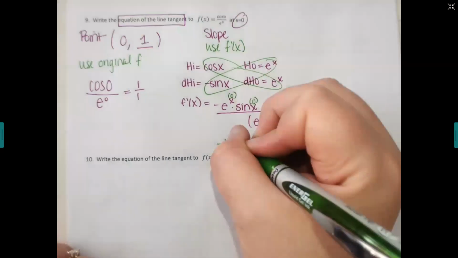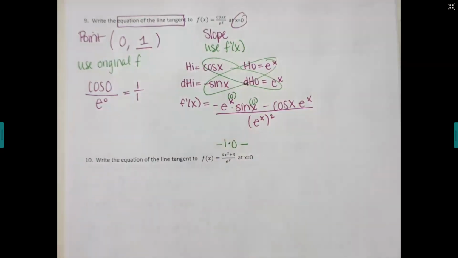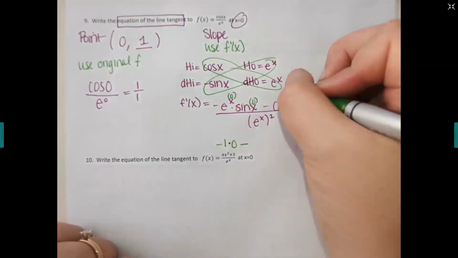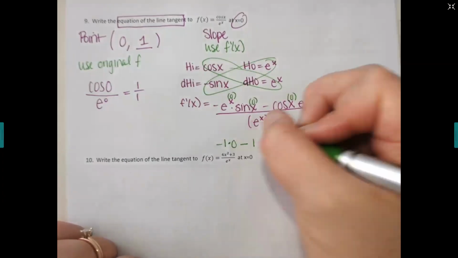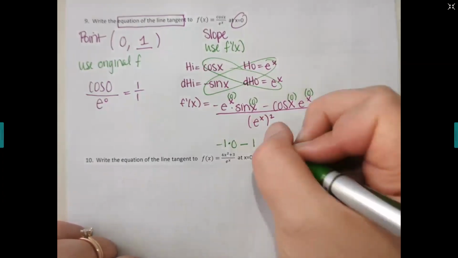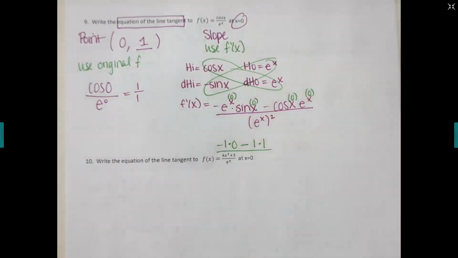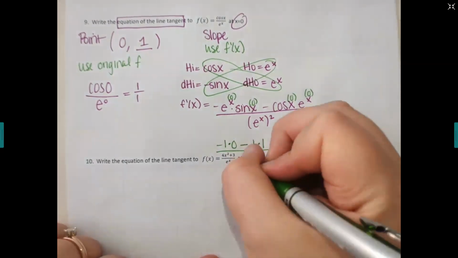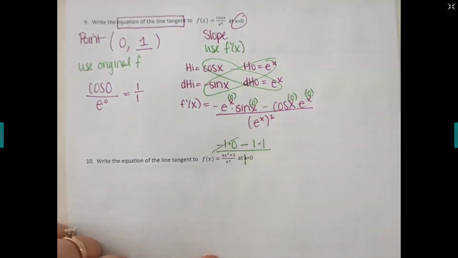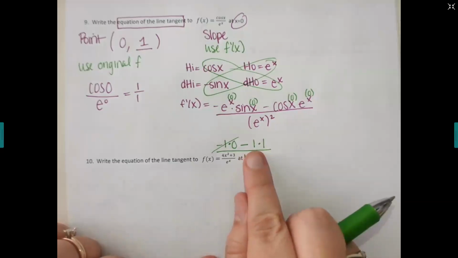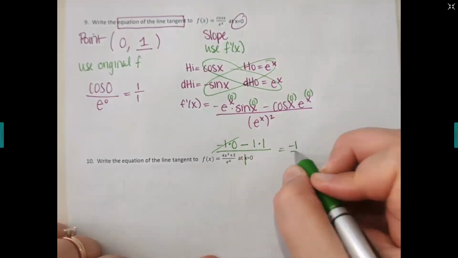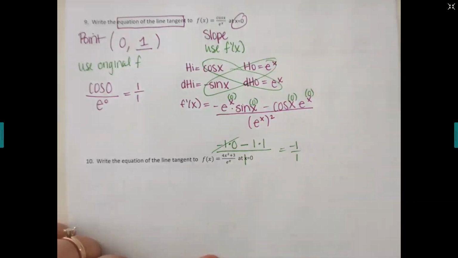It is 0, minus, what is the cosine of 0? 1, and then what is e to the 0? Okay, all over e to the 0 is 1, and then 1 squared is 1. So we have negative 1 times 0, which is basically nothing. Negative 1 times 1 is negative 1 over 1, which means my slope is negative 1.